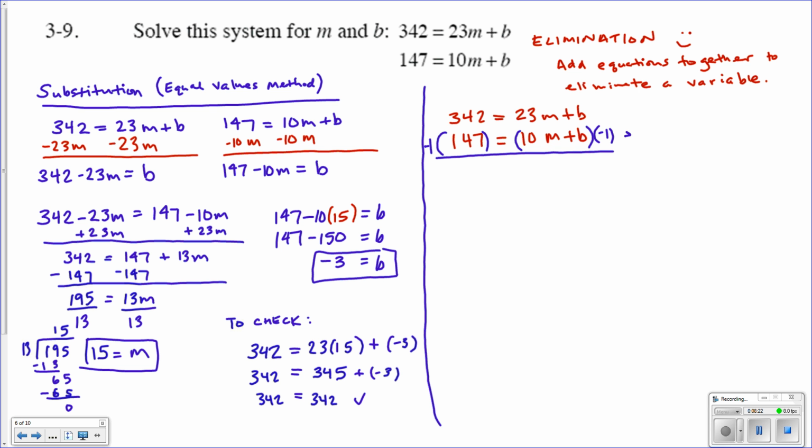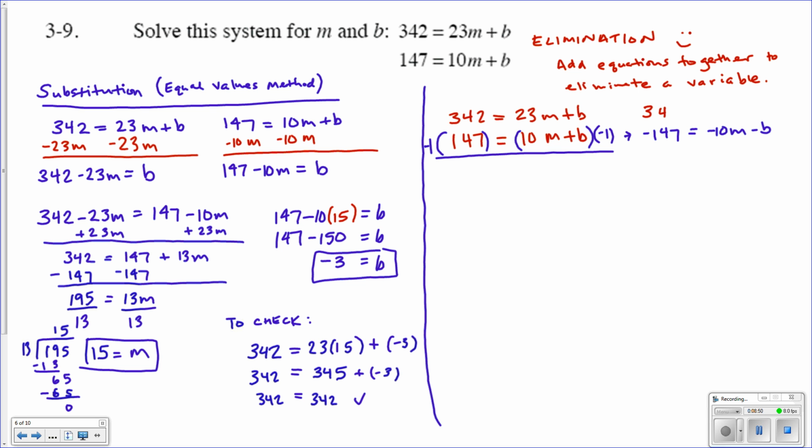And let's actually rewrite what we have right over here. So -1 times 147 is going to give us -147. -1 times 10m is going to give us -10m. And -1 times b is going to give us a -b. Let's recopy our other equation.